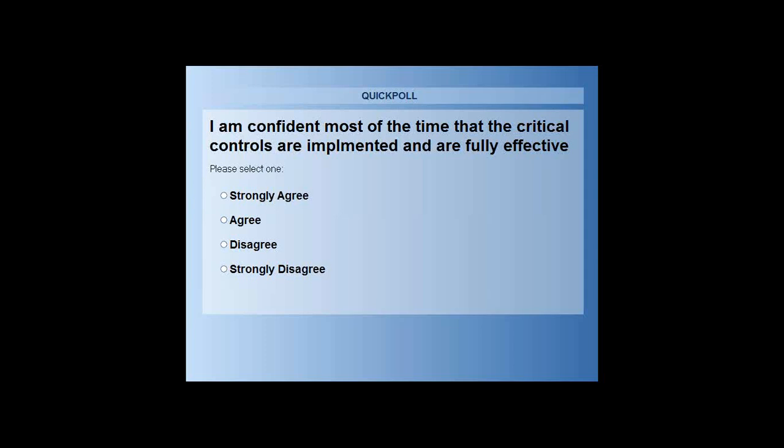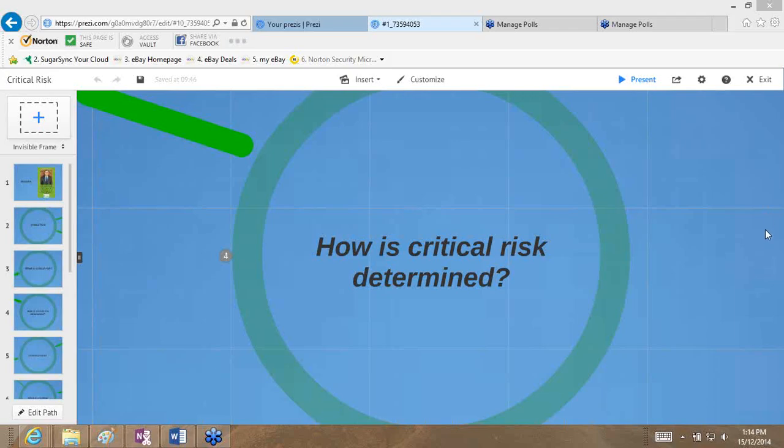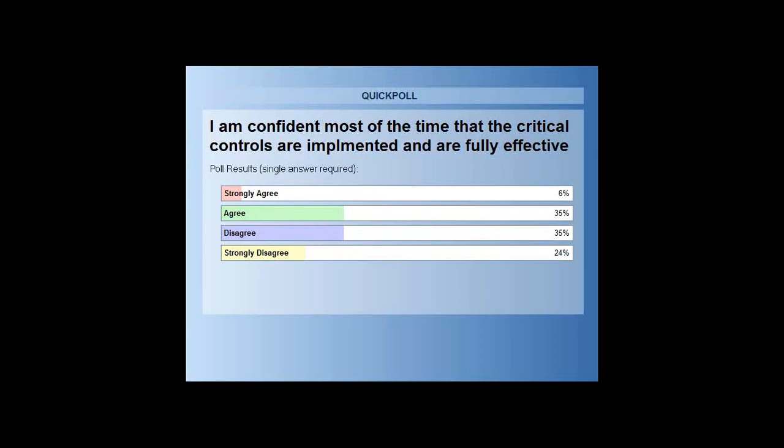Okay, and it seems that everyone's voted there, and I'll share those results as well. So you can see 6% strongly agreed with that, 35% agreed, we had 35% disagree, and 24% strongly disagree.